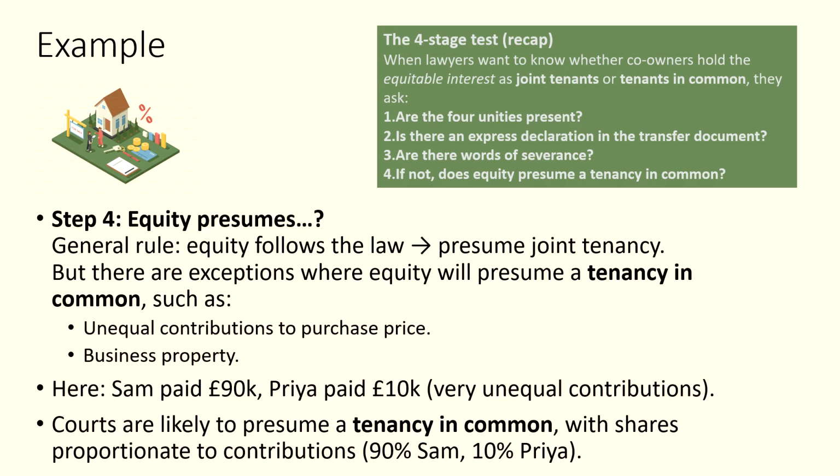We will instead presume that this is meant to be a tenancy in common and that each person will get a share equal to their initial contributions. So Sam, because he paid 90k of the deposit, so 90%, will also get 90% of the shares, and then Priya will get only 10% because she paid a lot less money in the beginning when they made their deposit.